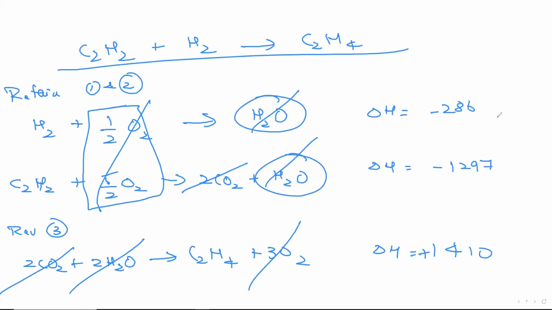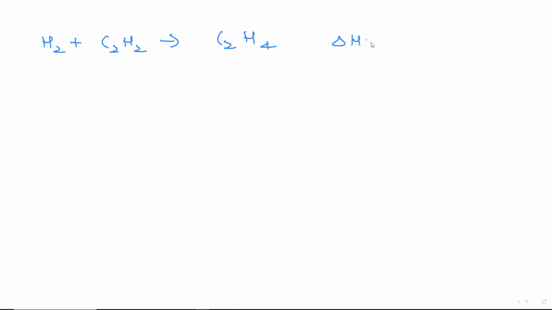Delta H: since there are same signs, you add them. 1297 plus 286 gives me minus 1583. Minus 1583 and plus 1410 gives me 173, but this time it's a minus. Delta H is equal to minus 173 kilojoules.